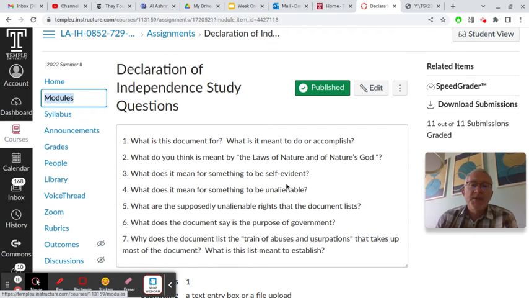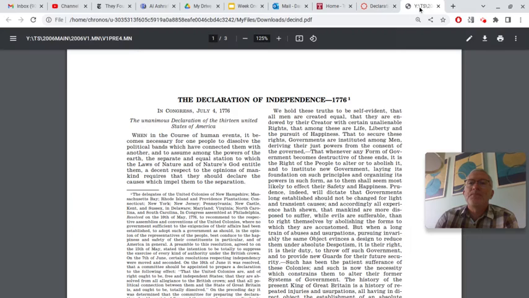Number six, what does the document say is the purpose of government? "That to secure these rights, governments are instituted among men." That's the purpose of government, to secure rights like life, liberty, and the pursuit of happiness. That's what government exists for.